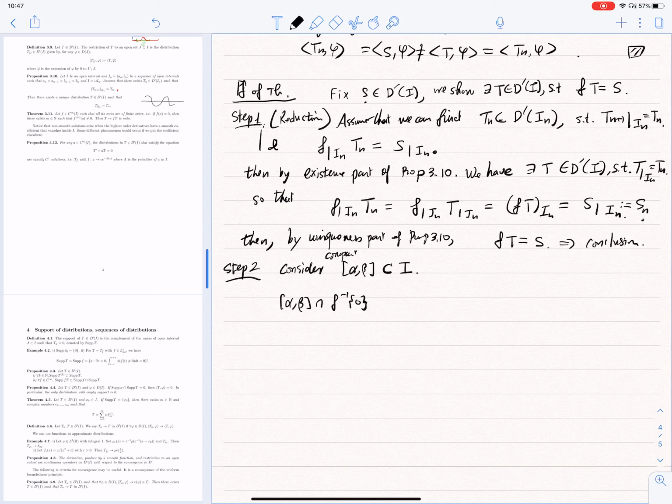Because the function is continuous, so the inverse image will be a closed set, and also bounded. So we have a compact set. So let A be a zero of f of order m.